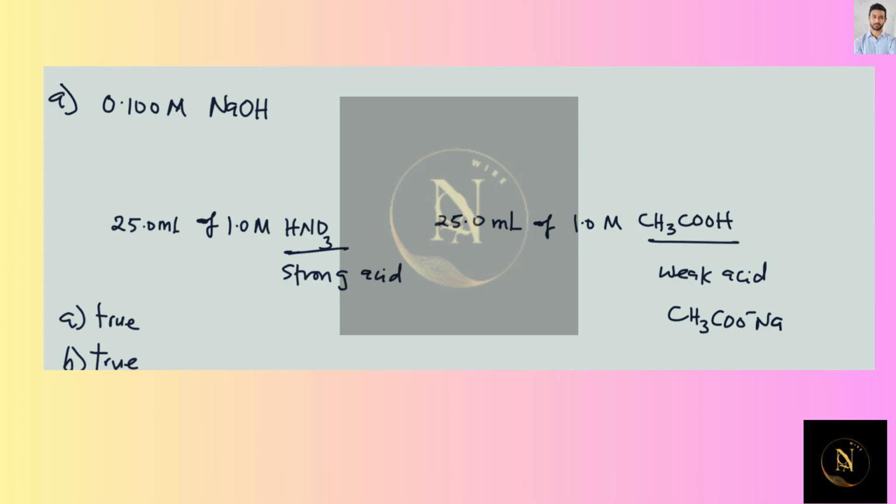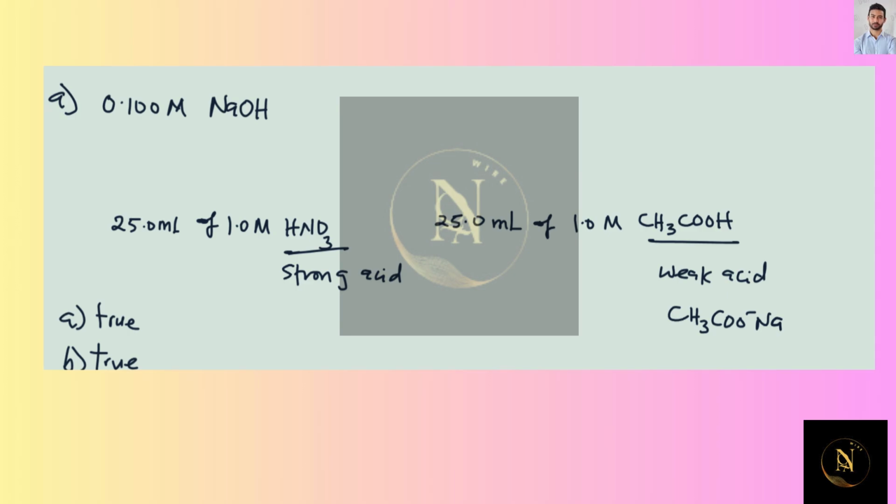So phenolphthalein changes from colorless for pH values less than 8 to pink for pH greater than 10. So a pink color will indicate a pH that is greater than 10.